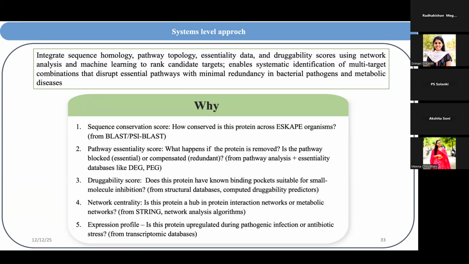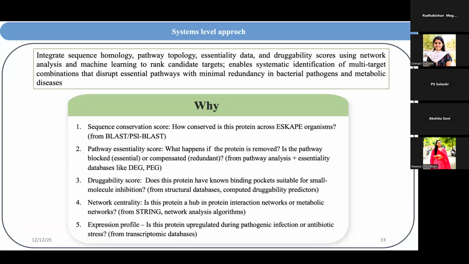For each protein, we get how conserved it is. For example, if we take an ESKAPE organism and a target A, is the target A protein conserved in all the organisms, and is that protein essential in all, so that we can take that particular protein which is important in the organism. And the pathway essentiality score: what happens if we remove the protein? If the pathway is blocked, does it become essential, or is it compensated? This comes from pathway analysis.